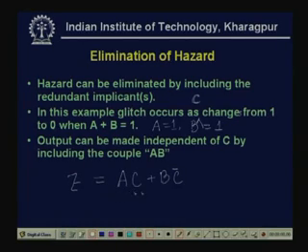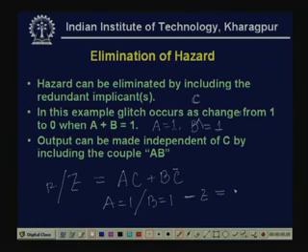That means, whenever A equal to 1 or B equal to 1, my output Z or F should be 1. So, it should be independent of C or C bar. That means, if C equal to 0, then the second term is 1.